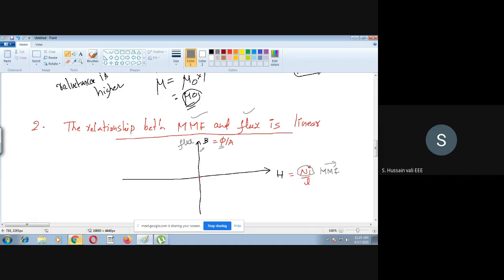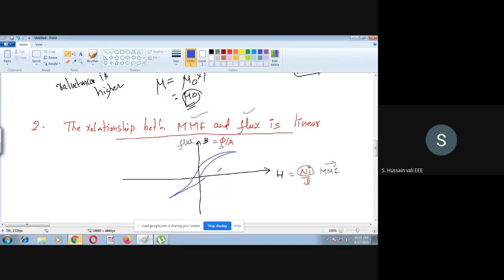But I'm sure that somewhere you might have studied that there is a BH loop. I will try to draw it. So the BH loop is like this.